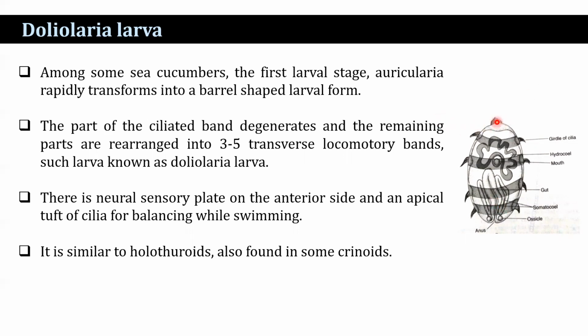These are the apical tuft of cilia for balancing while they are swimming. It is similar to holothuroids, also found in some crinoids. So we have discussed Auricularia larva, Bipinnaria larva, Brachiolaria larva, and Doliolaria larva. They are under the group of Auricularia group.